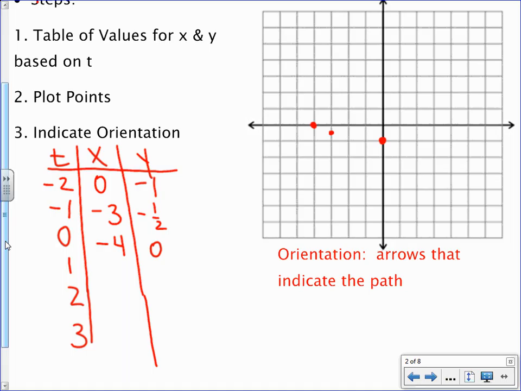When you have the coordinate, check with your neighbor. Pods 1 and 2, what do you get when you plug in t as 1? -3, +1/2.